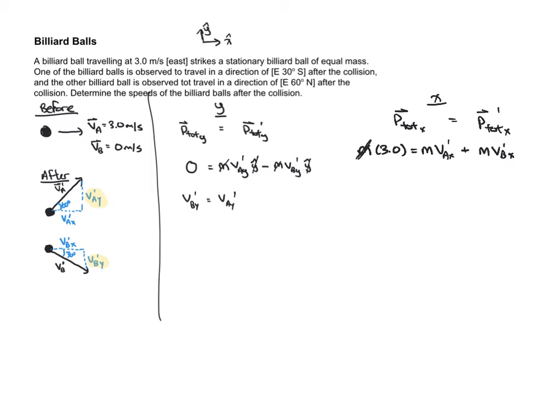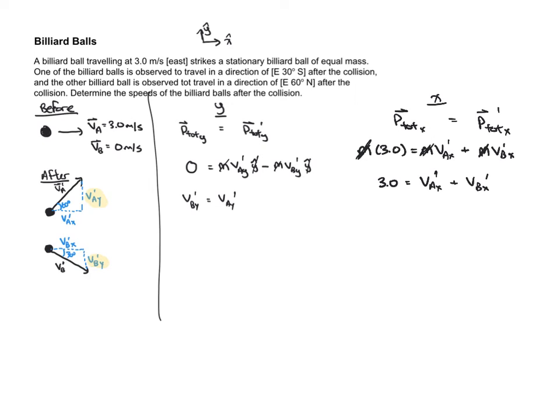There's a mass in every term, so they cancel out. Okay, so 3 equals, okay, so that's our x equation. So we have two equations, and right now it looks like there's 4 unknowns.